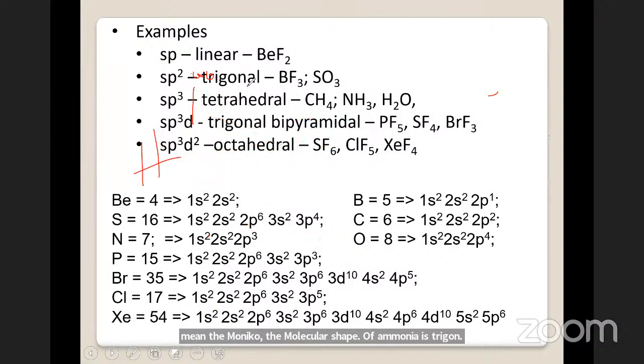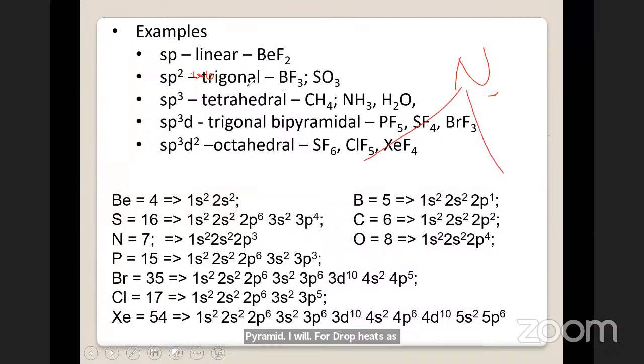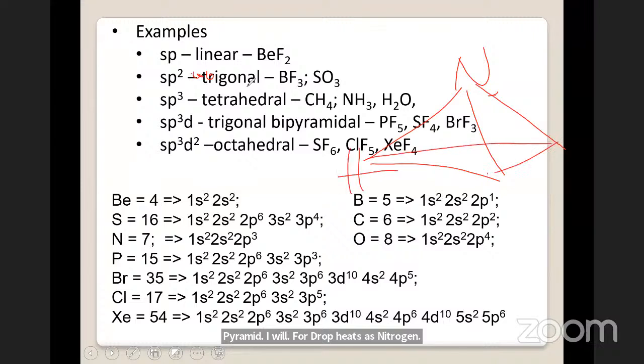For emphasis, I will draw it as nitrogen, with hydrogen here, here, and here. So it's a trigonal pyramidal. The base is trigonal and the pyramid is up that way.